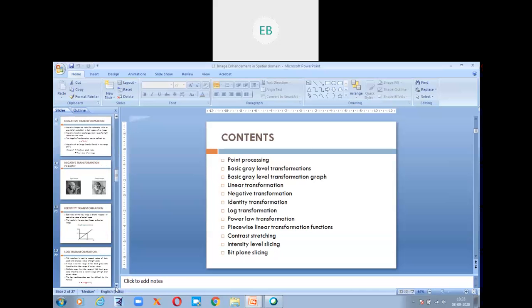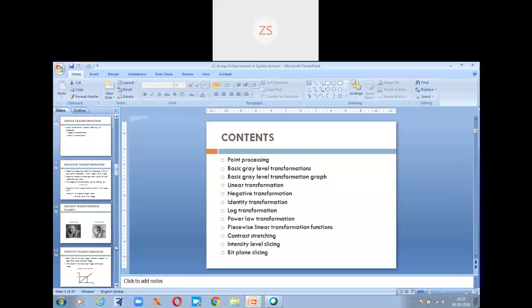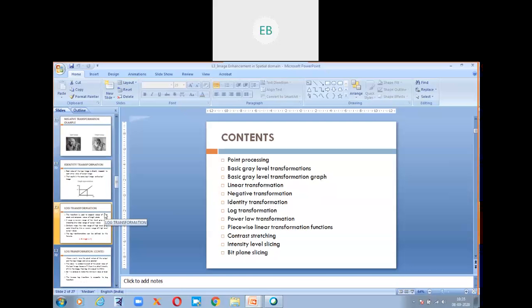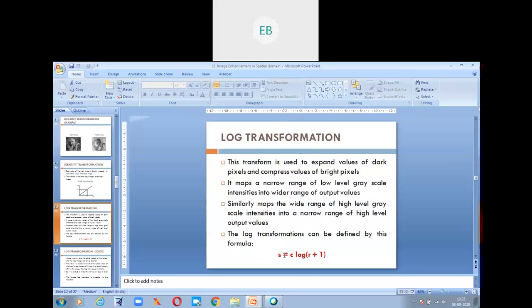What is log transformation? Ma'am, log transformation expands the values of darker pixels and compresses values of bright pixels. Okay, correct. The equation describing log transformation is small s equals to small c log of (r plus 1), right?